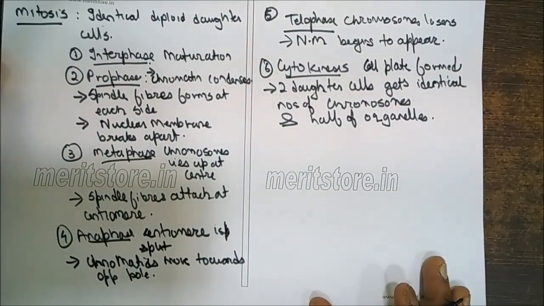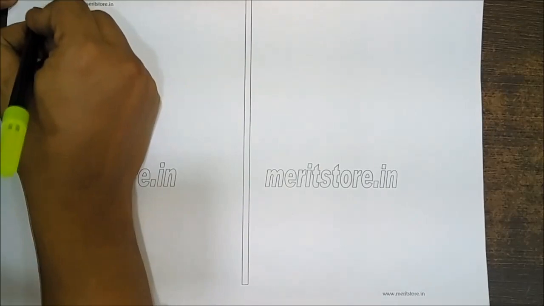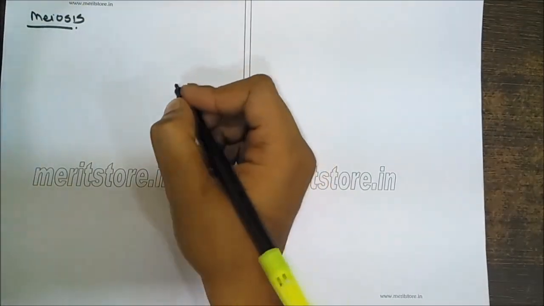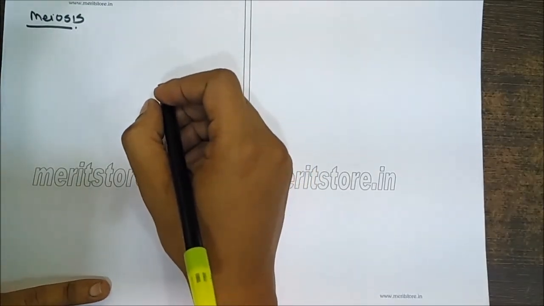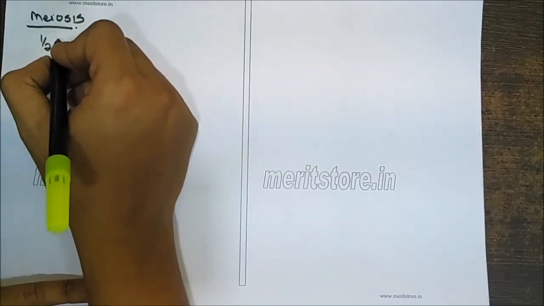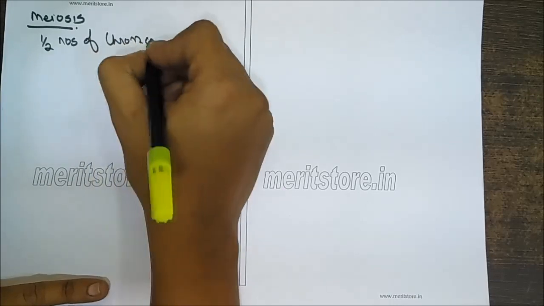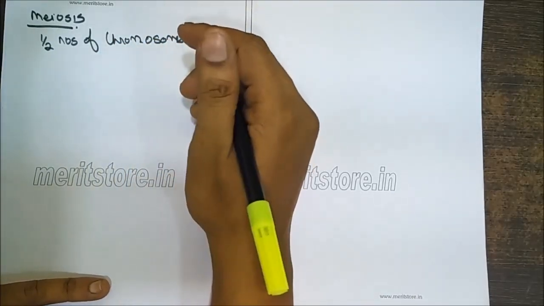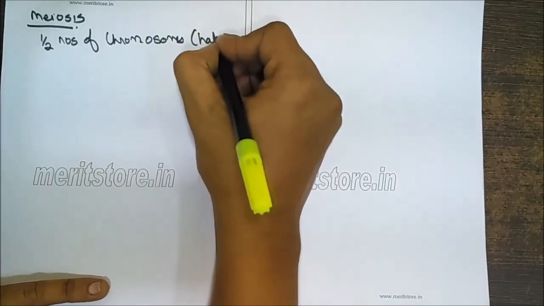Next, let's understand what is meiosis. Meiosis is a special kind of division that reduces the chromosome number by half. So it results in the production of haploid daughter cells.